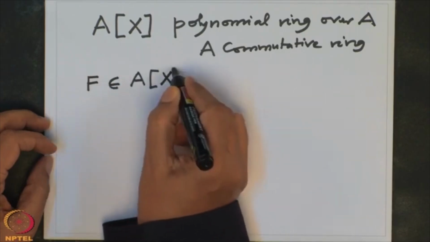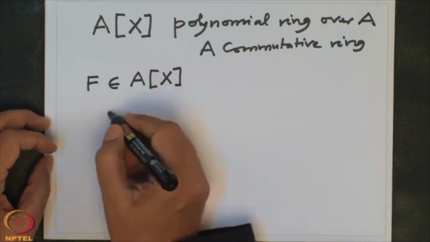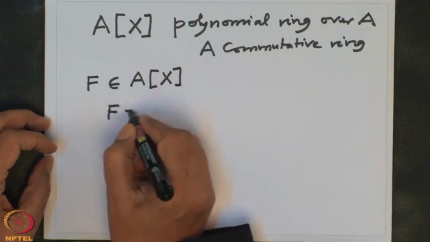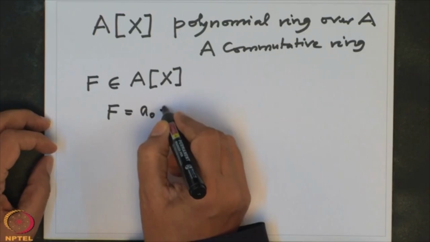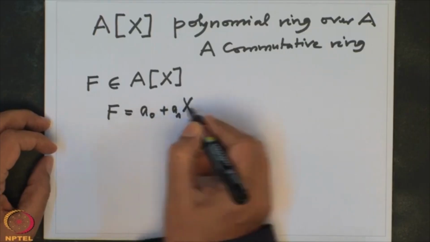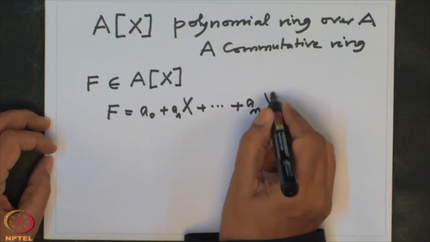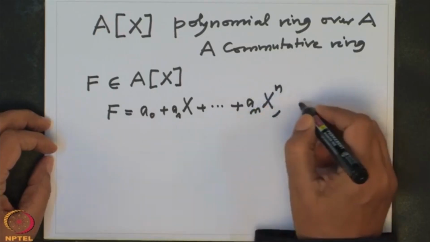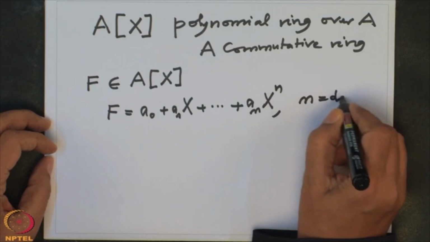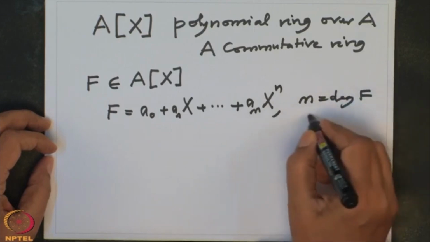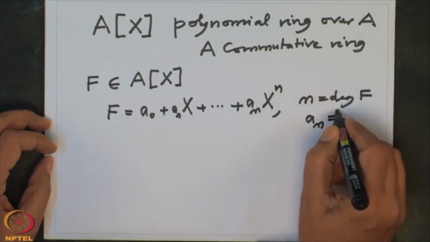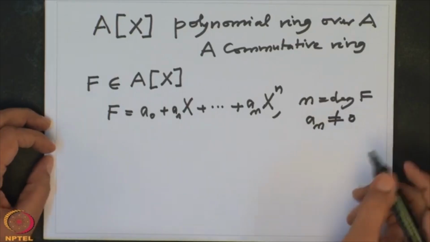So if capital F is a polynomial with coefficients in A, we can write it as a0 plus a1 x plus ... plus an x to the power n. This n is the degree of f, where an is the last non-zero coefficient.